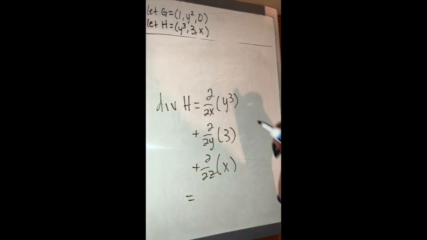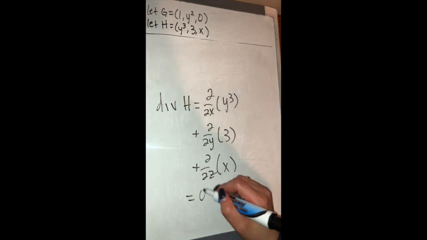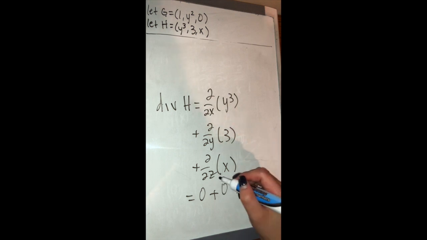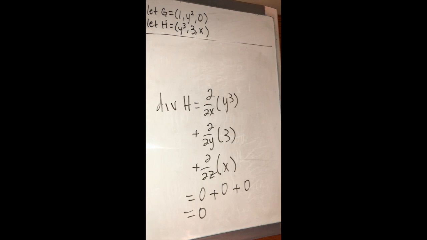When you simplify, you get partial with respect to x of y cubed, that's 0. Partial with respect to y of 3 is 0. And partial with respect to z of x is 0. So this equals 0, therefore H is incompressible.